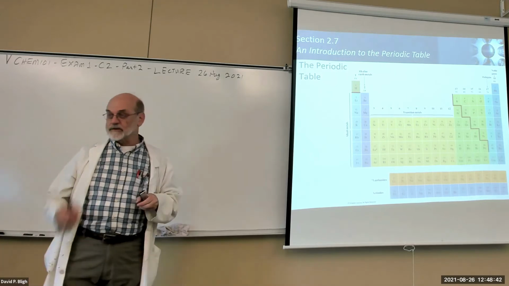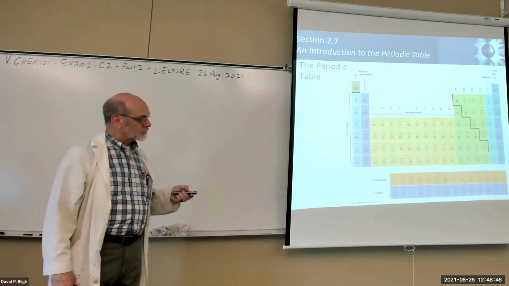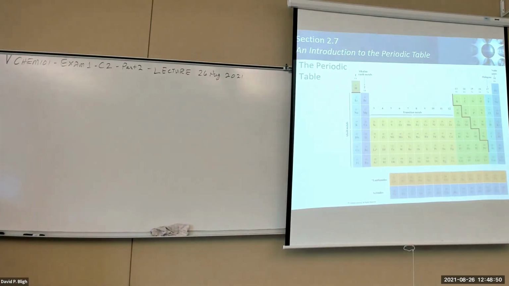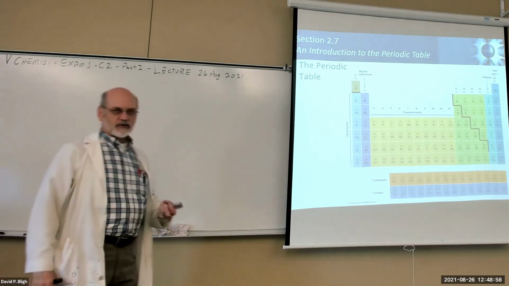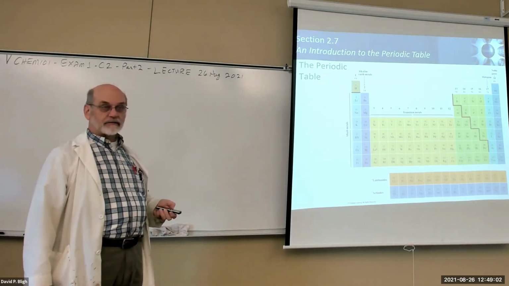So most of the elements in the periodic chart are metals, and they share certain common characteristics. Like you can polish them to a shine. They're all but one solid.